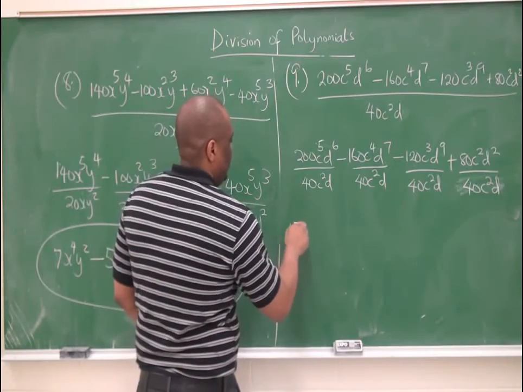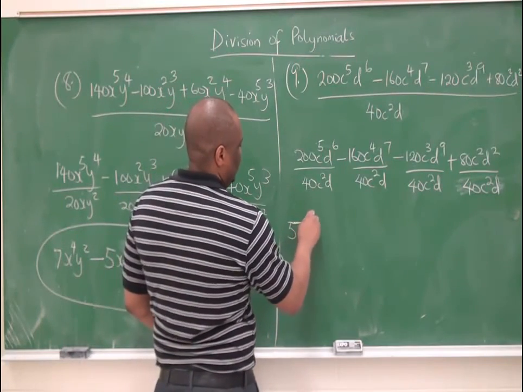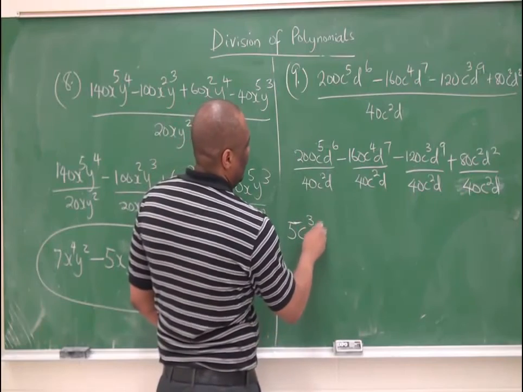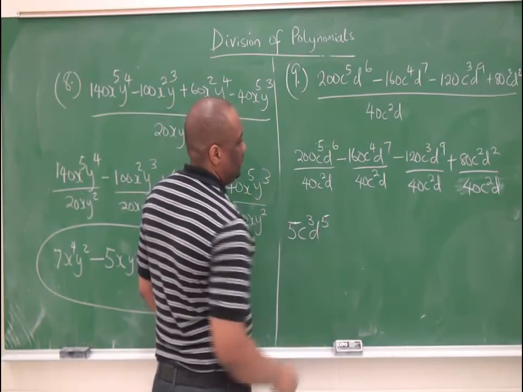C^5 over c^2, 5 minus 2 is 3. D, 6 minus 1 is 5.